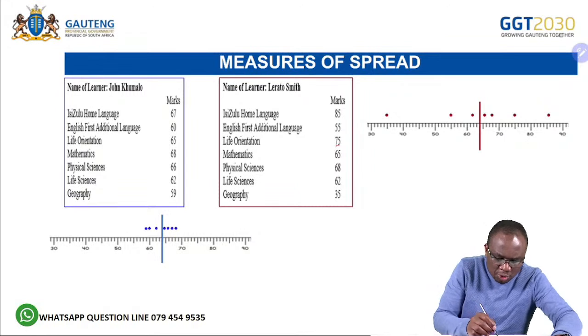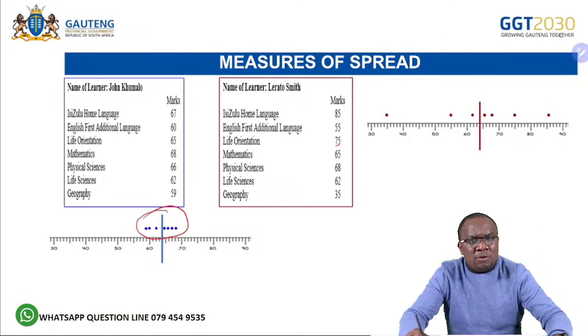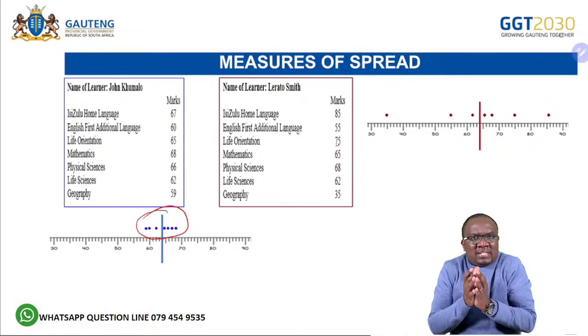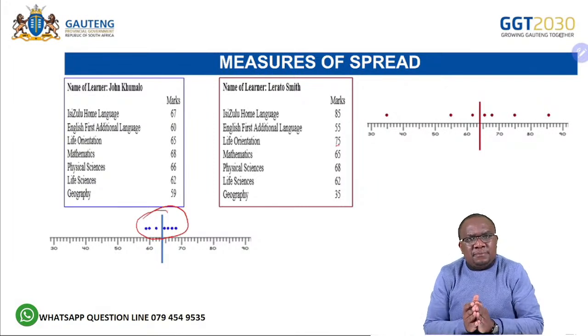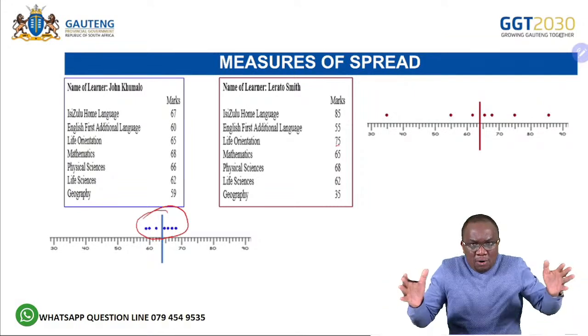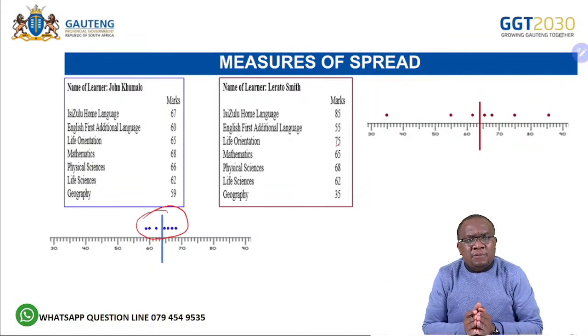We will say John's marks are represented well by the measure of central tendency. Why? Because if you check, all the marks are clustered around the mean. We are saying the mean is 64%, and all the other marks are very close to 64%.